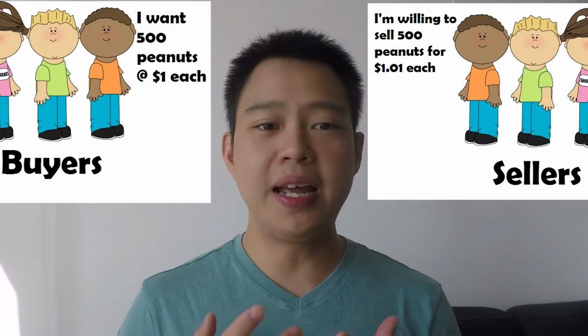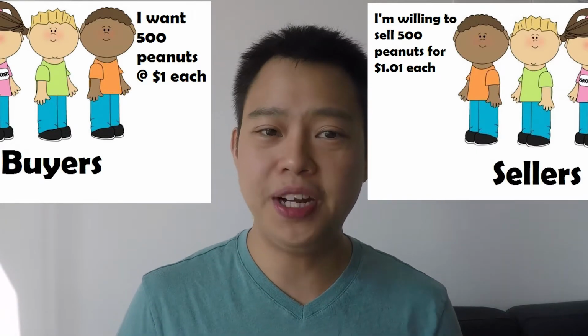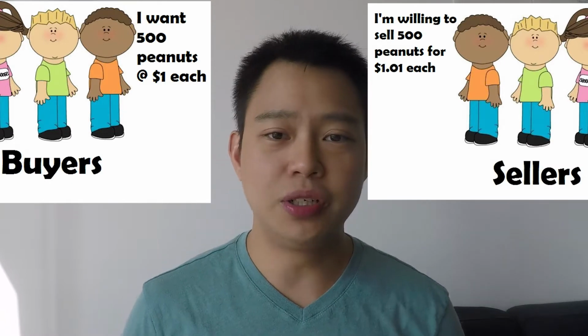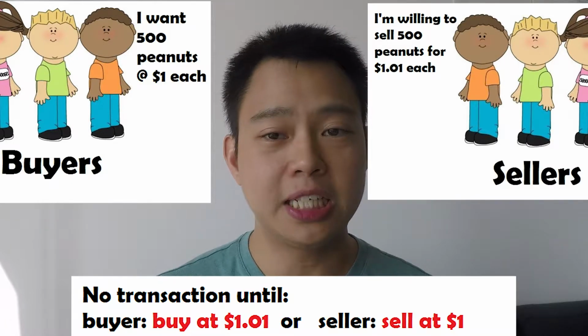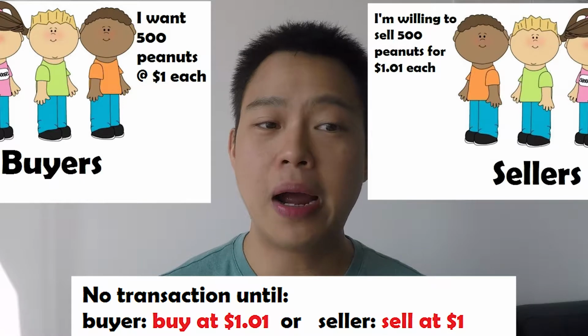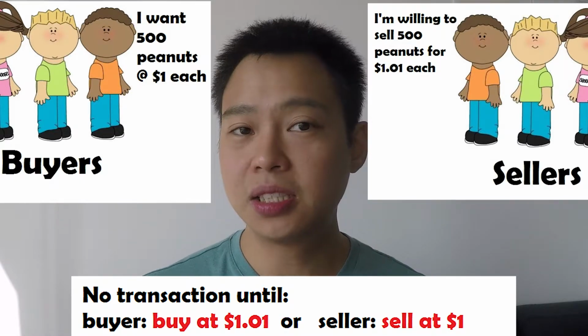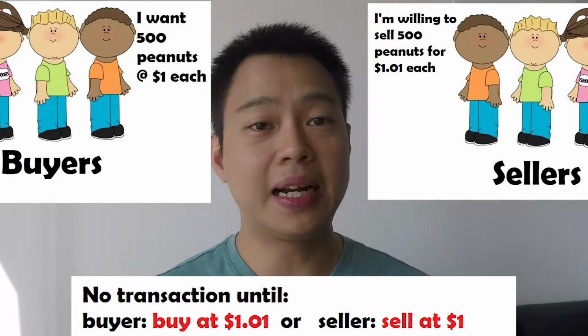Until somebody gives up that 1 cent for peanuts, there's no transaction. Either the buyer has to increase his price to buy at $1.01, or the seller has to decrease their price and sell it at $1. Once the first transaction goes through, the next buyer and seller set up with a new higher and lower price. And so this is the nature of the market.